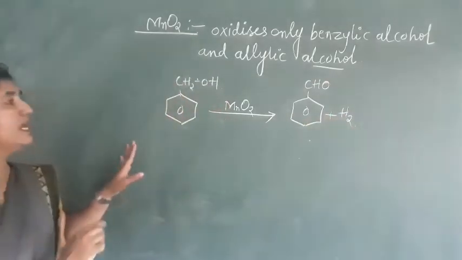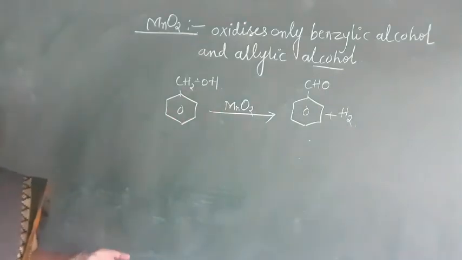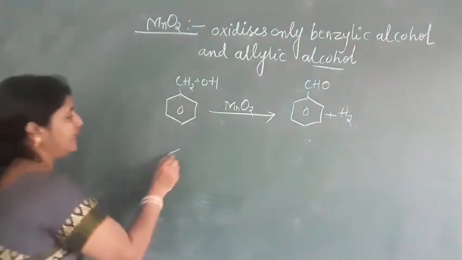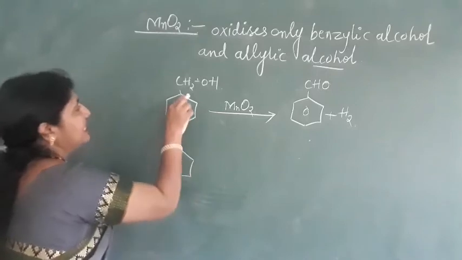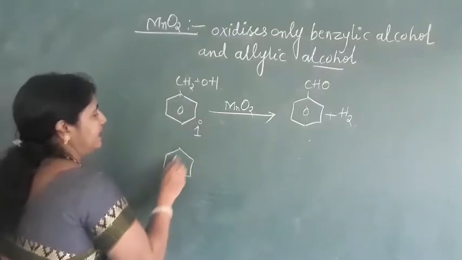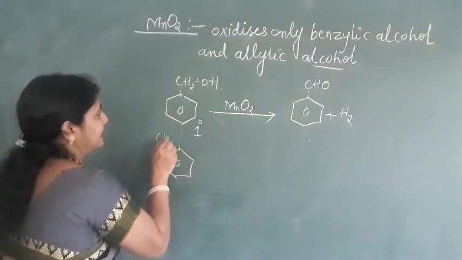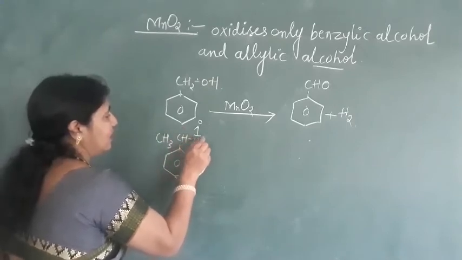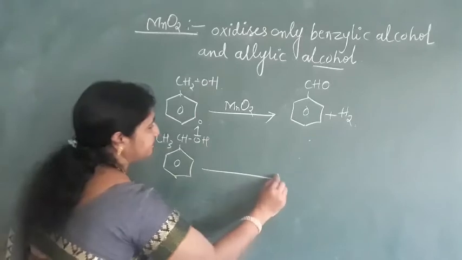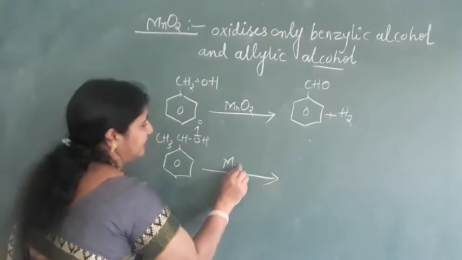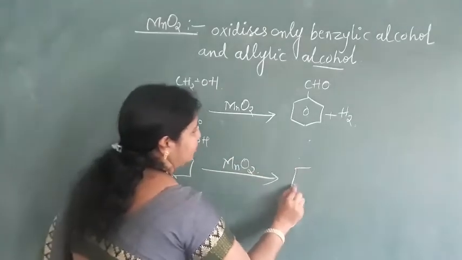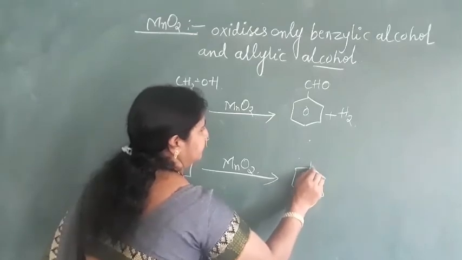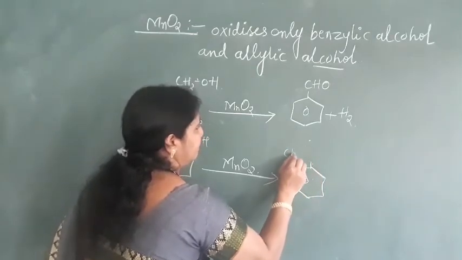And secondary gives ketone. So this is the primary benzylic alcohol, and if you take secondary benzylic alcohol, then what will we get here? We will get acetophenone.